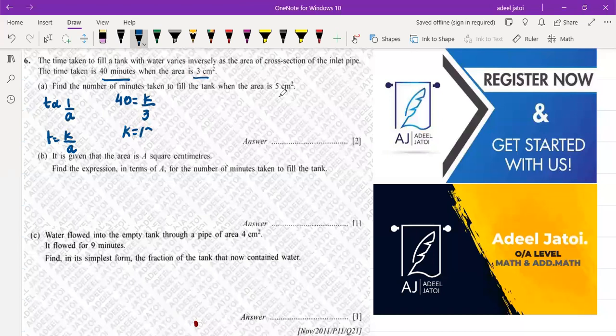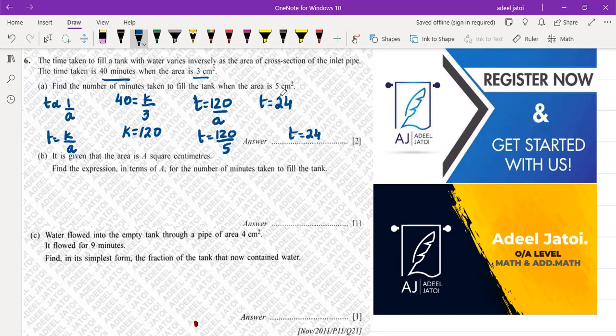The value of K becomes what? 120. Now, since we know the formula, that is T is equal to 120 upon A, considering that the area is 5, T is equal to 120 upon 5. The value of T becomes what? 120 divided by 5 is 24. So we write down T is equal to 24 in the blank.